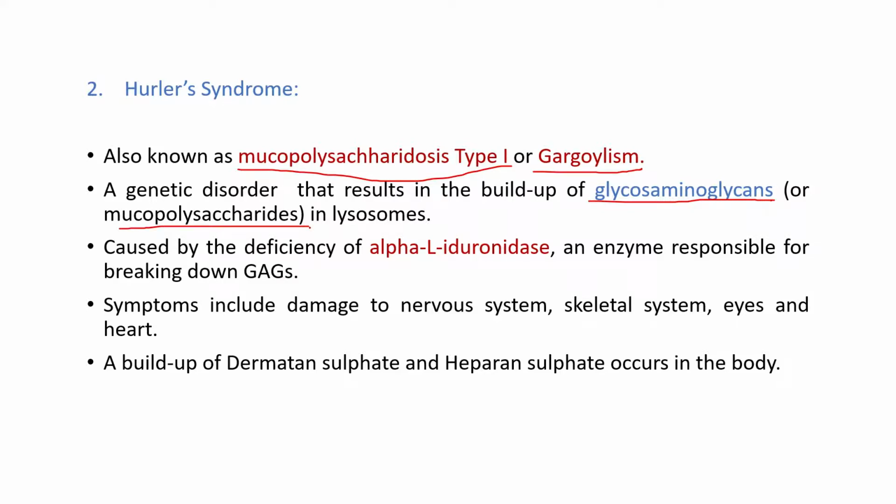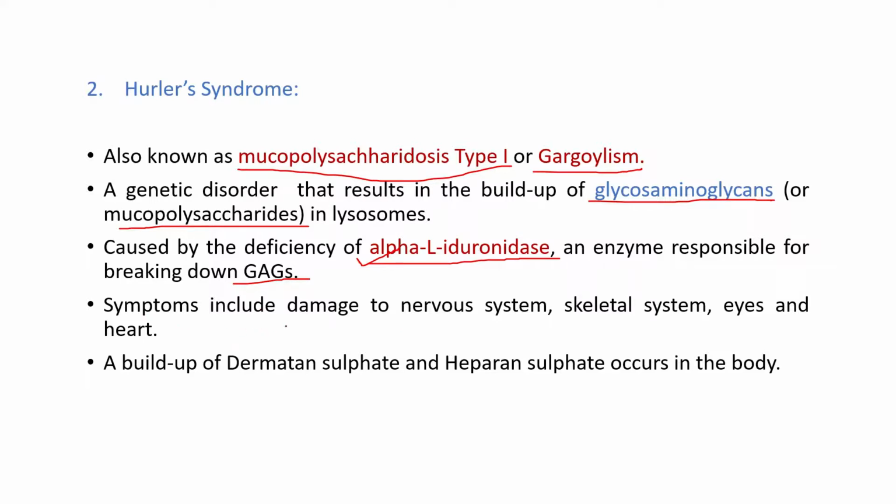Now, these glycosaminoglycans accumulate in the cell due to the deficiency or defect in an enzyme called alpha L-iduronidase. It is an enzyme responsible for the breakdown of GAGs, the breakdown of glycosaminoglycans. So when this enzyme is deficient or defective, glycosaminoglycans tend to accumulate in the lysosomes.